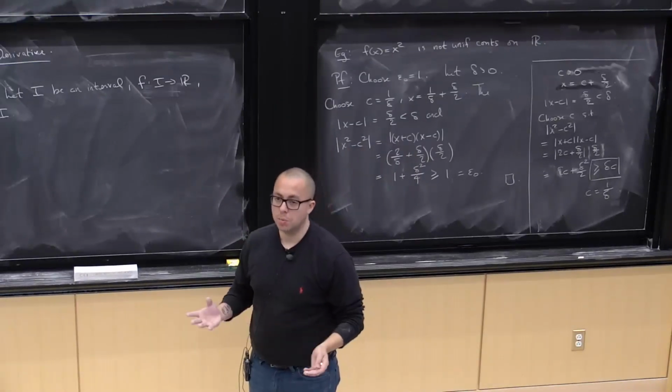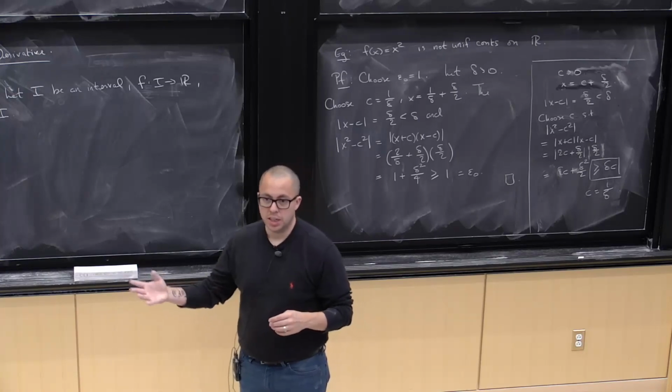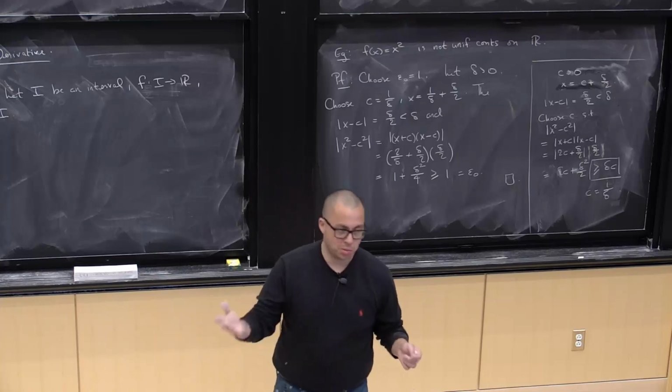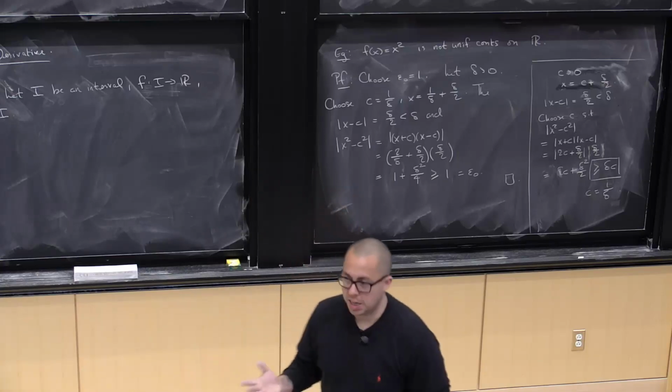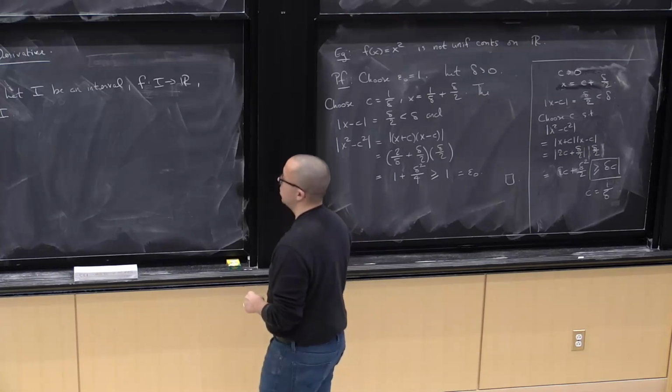I don't mean it has to be open. It doesn't have to be a bounded interval like from 0 to 1. It could be 0 to infinity. It can include the endpoints, except, of course, infinity. But I think you know what I mean, and I don't have to write out exactly what an interval is. So let I be an interval, f a function from I to R, and c a point of I.